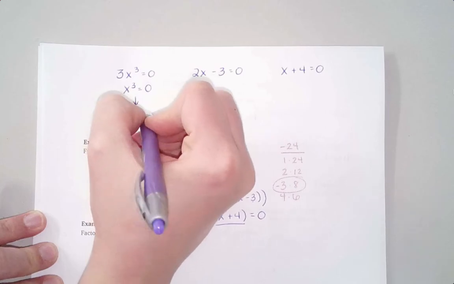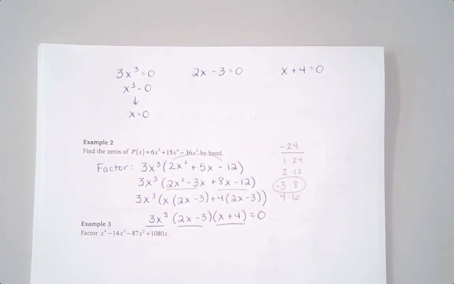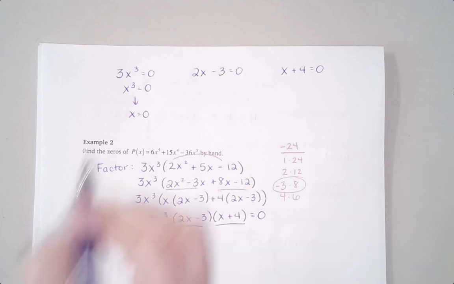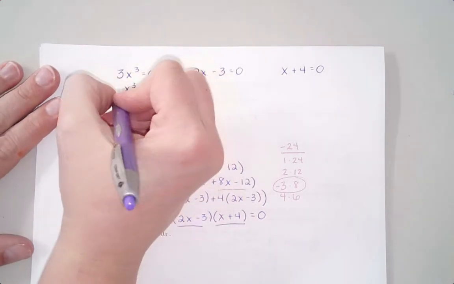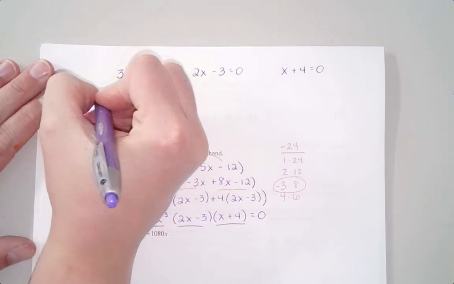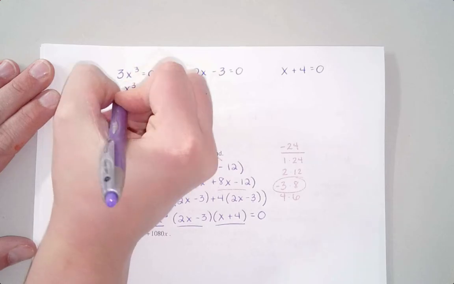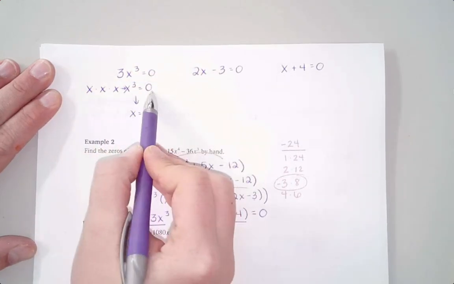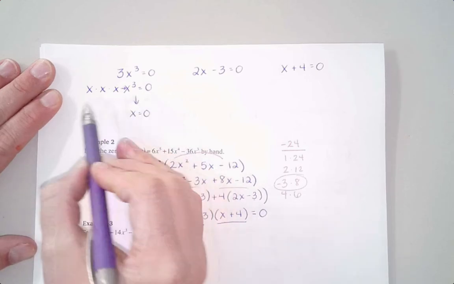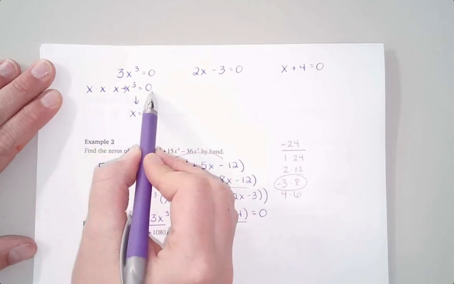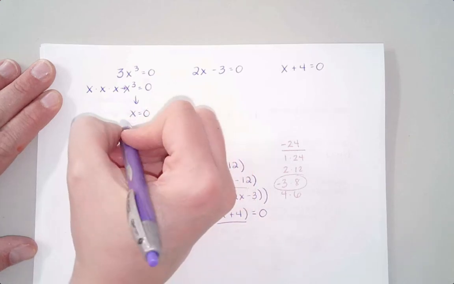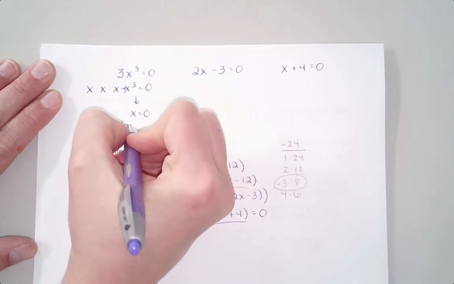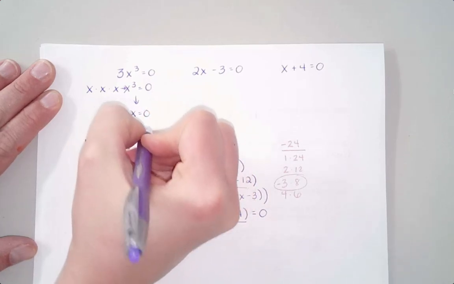I want to point out some vocab here that you may or may not need this year. But technically, this x cubed is like x times x times x, right? And so really, any one of those x's could be a 0. So it's like I have 3 copies of the same answer. So I would say this is x equals 0 with a multiplicity of 3.